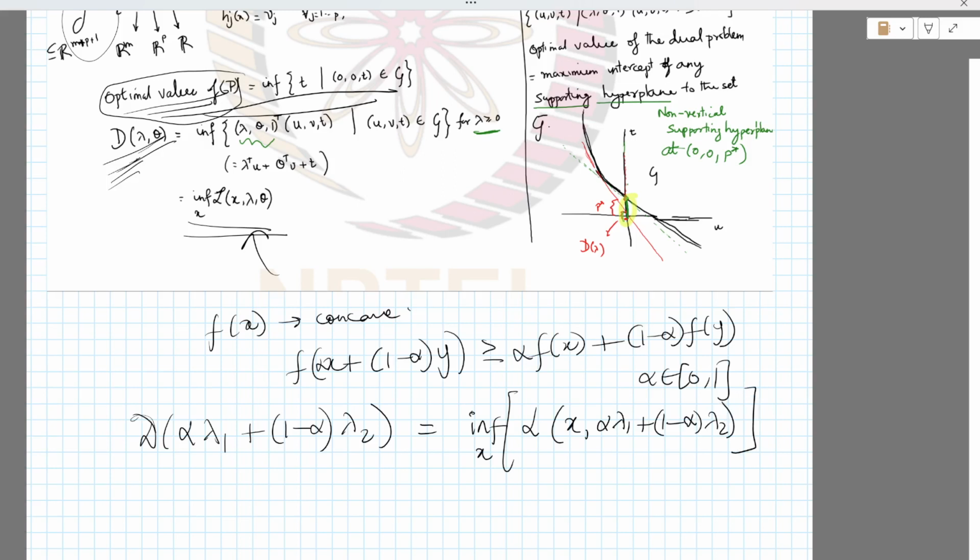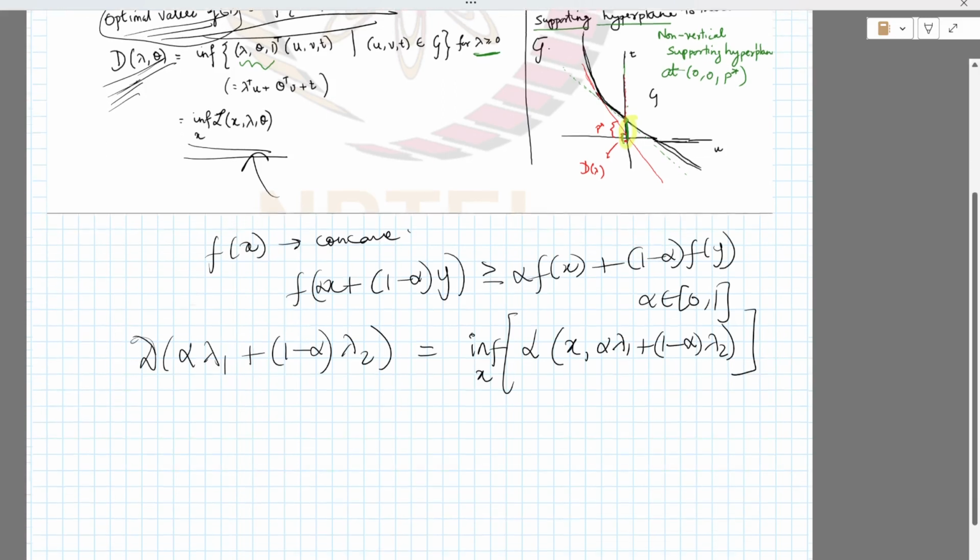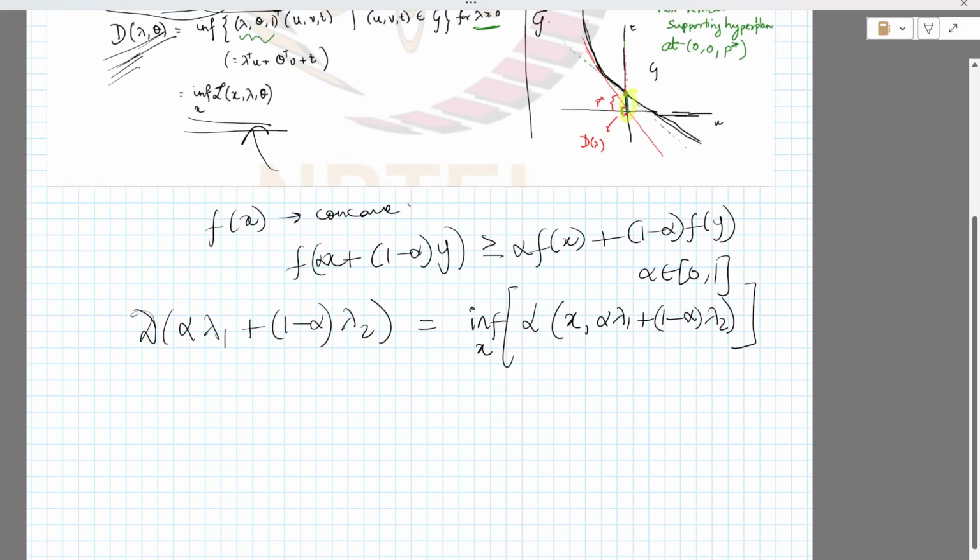I substituted that number with this number. The infimum of the Lagrangian will involve the x part, which has already been covered. Now we can look at these two, how they will be.